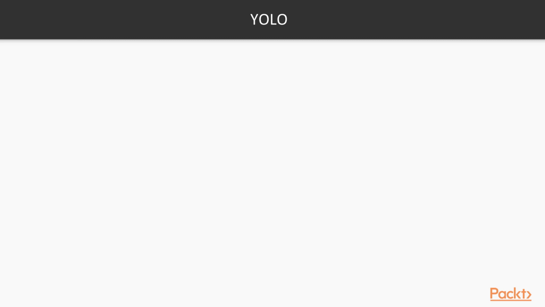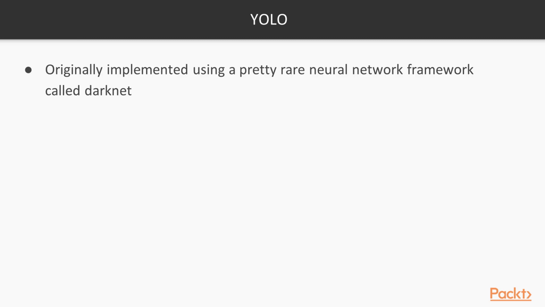But there are a couple of buts, especially for us. It was originally implemented using a pretty rare neural network framework called Darknet. YOLO's authors created this framework specifically for solving computer vision problems, and it's not available by default in Keras. Darknet is a totally different framework, and it's not based on TensorFlow.